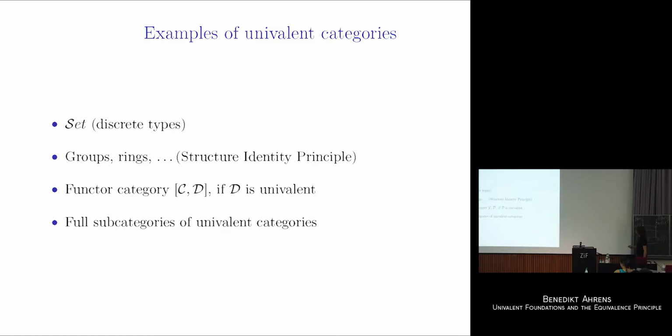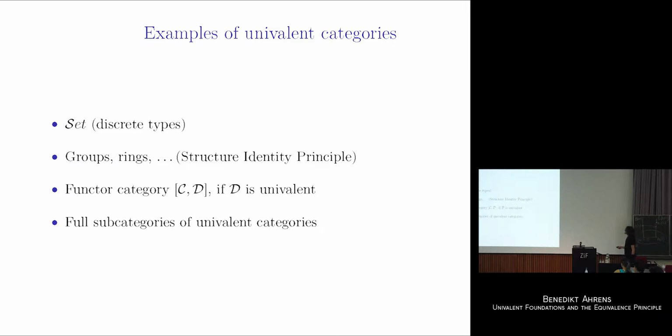The first example, the simplest one, is the category of sets itself. If I take as objects sets and as morphisms type theoretic functions between sets, then I get a category. And the fact that this category is univalent is exactly an instance of the univalence axiom for types, Voevodsky's univalence axiom.